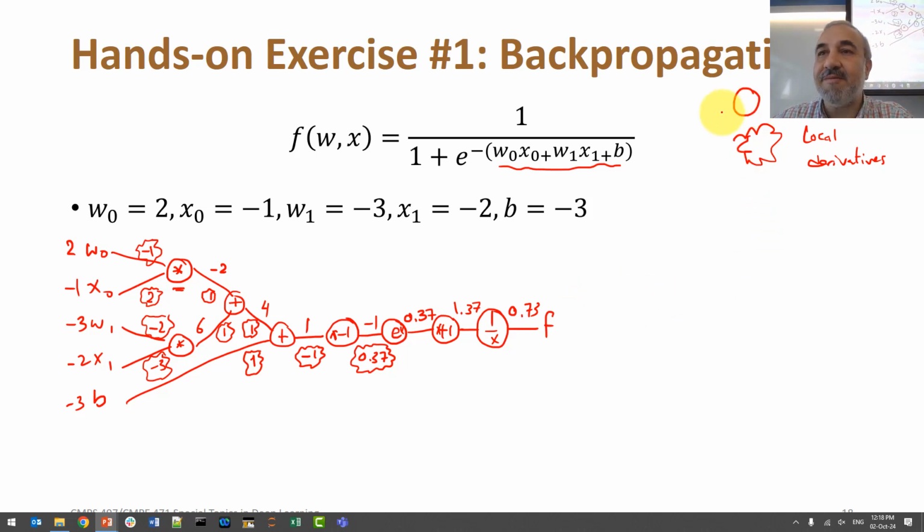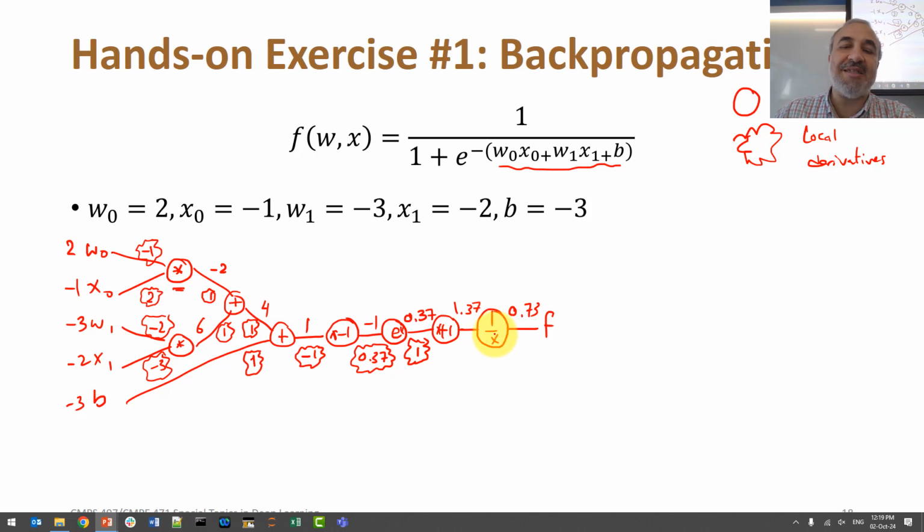How about these ones? Gates. Okay. And how about now the local derivative here? This is x plus 1, it's 1, right? And this is 1 over x, minus 1 over x squared, which is minus 1 over not 0.73, 1.37. x is the input to the gate, okay?